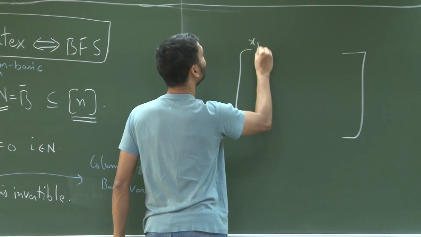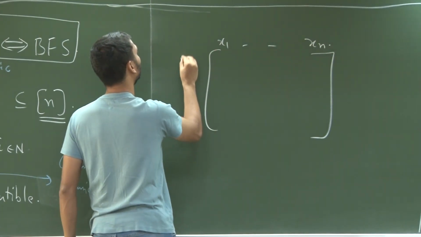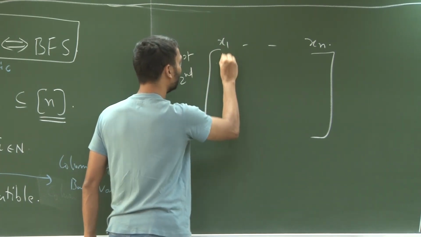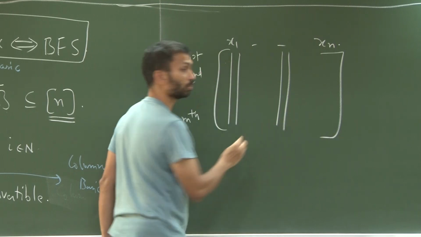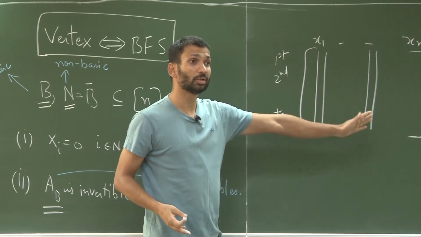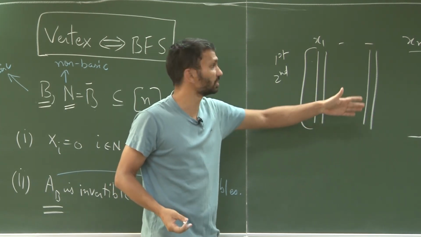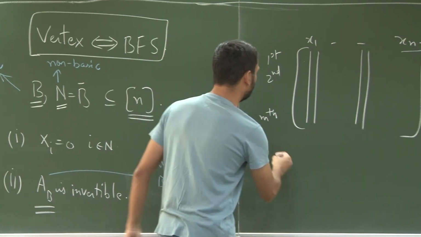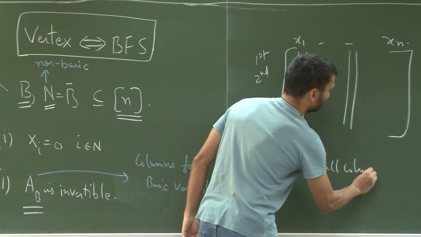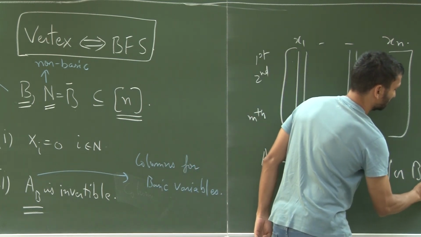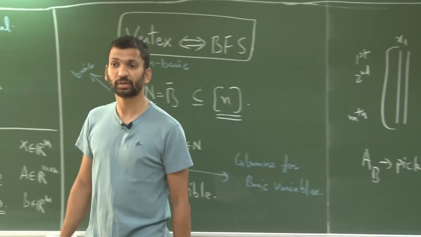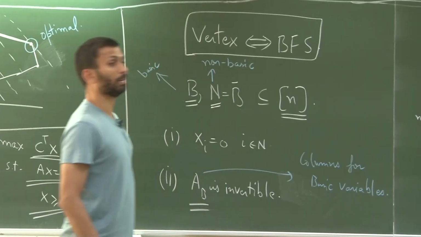So you have n variables here, and first constraint, second constraint, mth constraint. Every column in some sense corresponds to a variable, giving you the coefficients in the constraints. So A_B basically means pick all columns for basic variables. This defines my basic feasible solution.